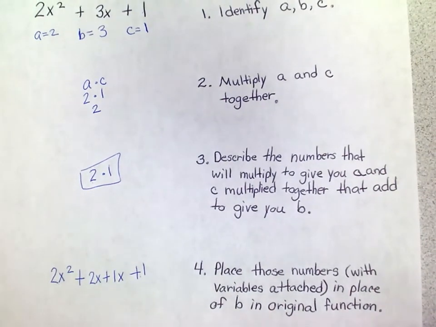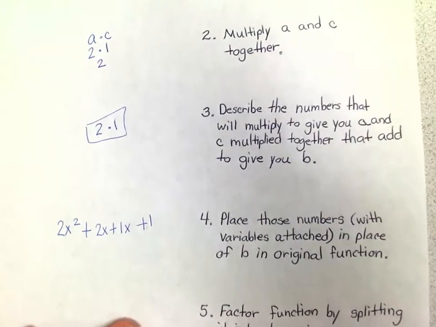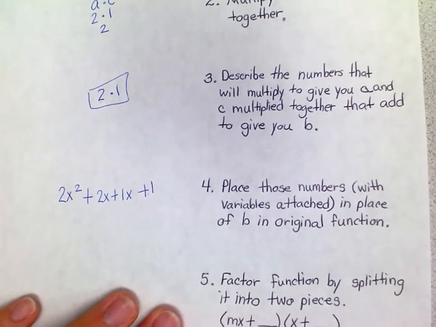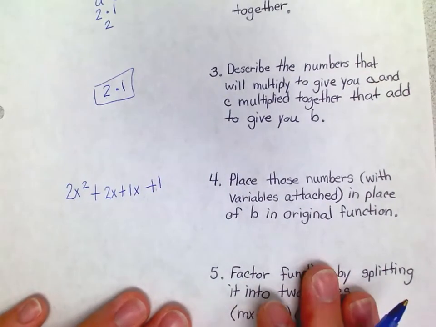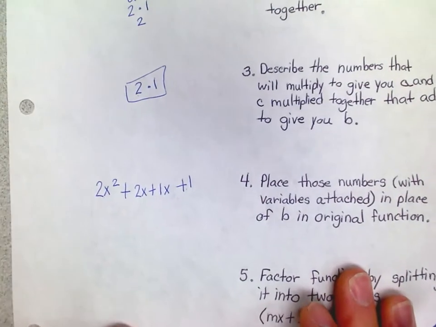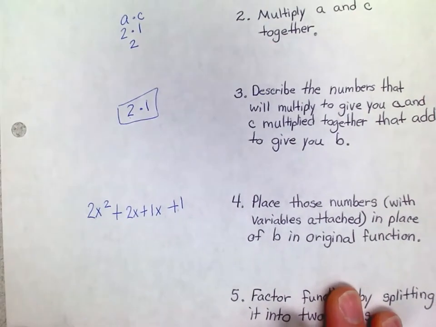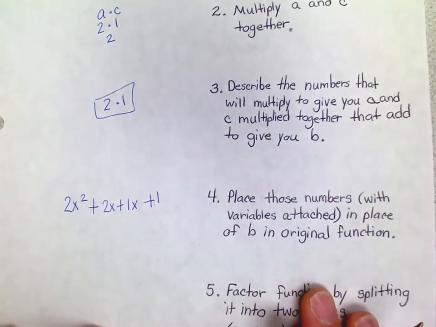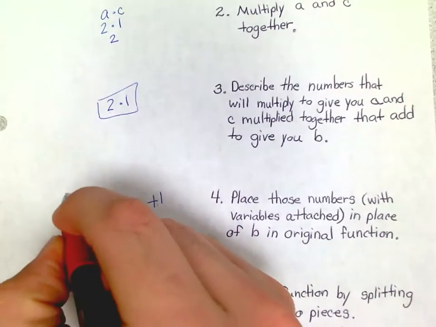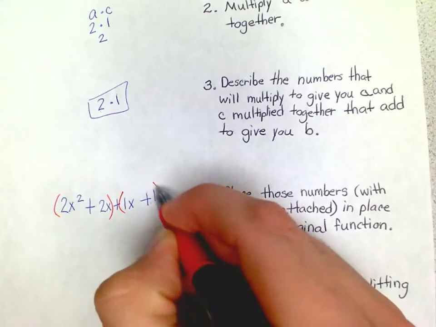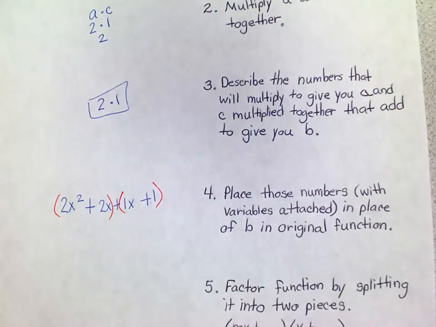So now that we've done that, step 5 is factor the function by splitting into 2 pieces that will look something like this. And as we were working the last piece of factoring, I believe we should be able to do this. So what we want to do is set up 2 sets of parentheses and then factor.